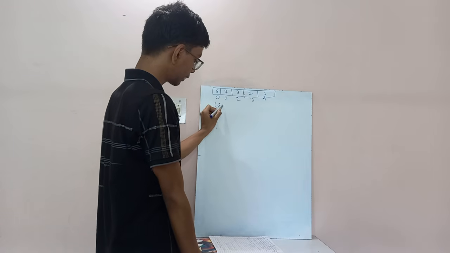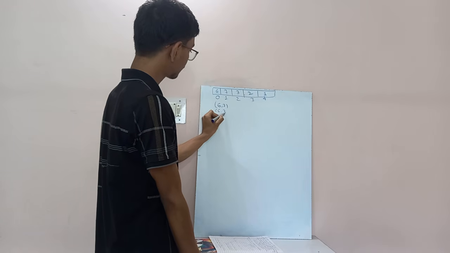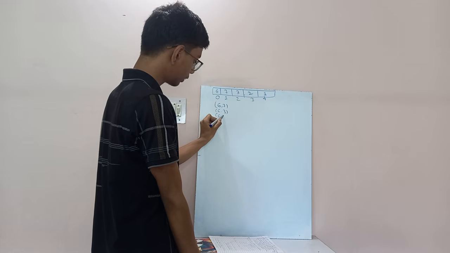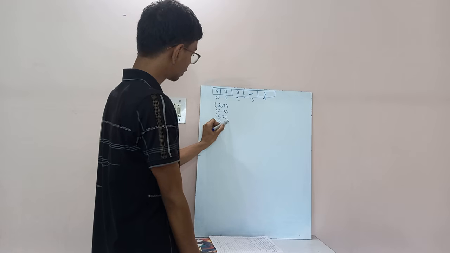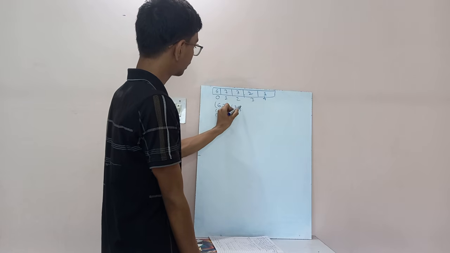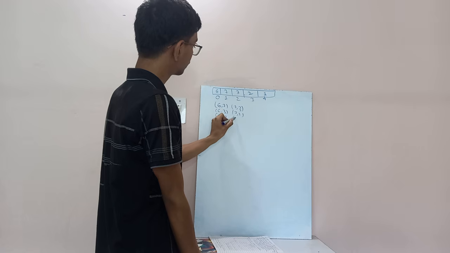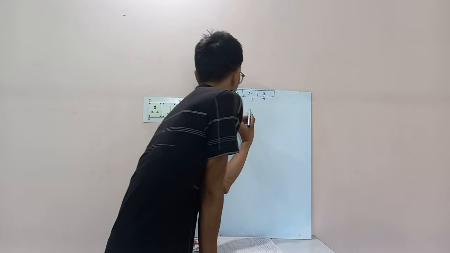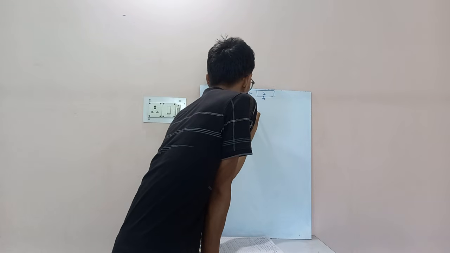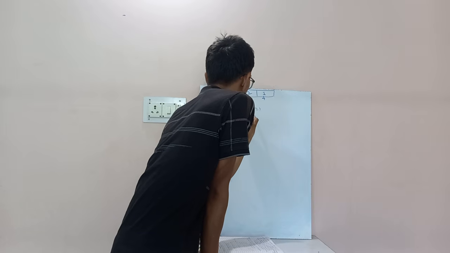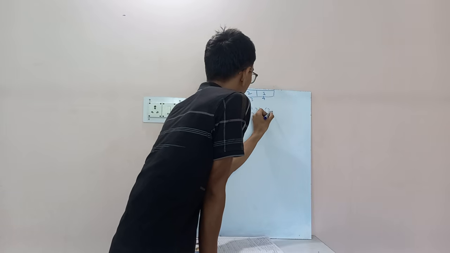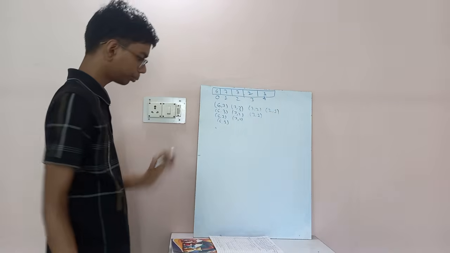Suppose sum of 6 and 7, sum of 6 and 3, sum of 6 and 2, sum of 6 and 1, and then 7, 3, 7, 2, 7, 1, and then 3, 2, 3, 1, and then 2, 1. I have to make the sum.